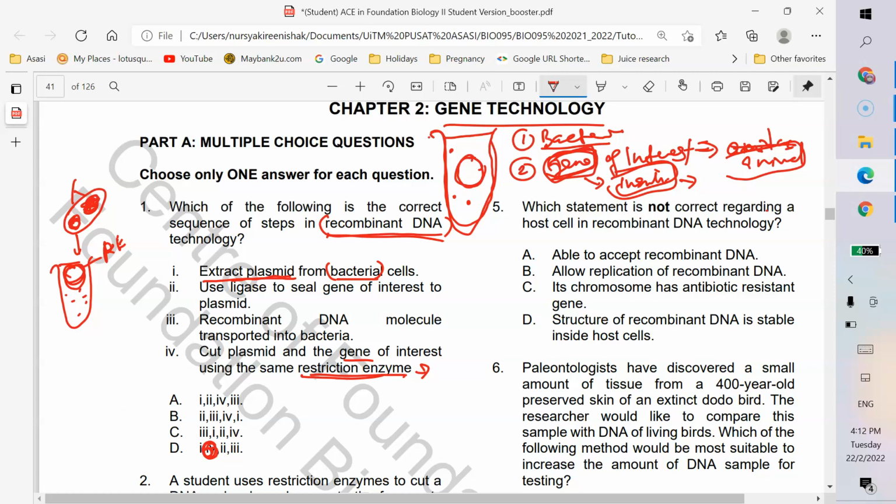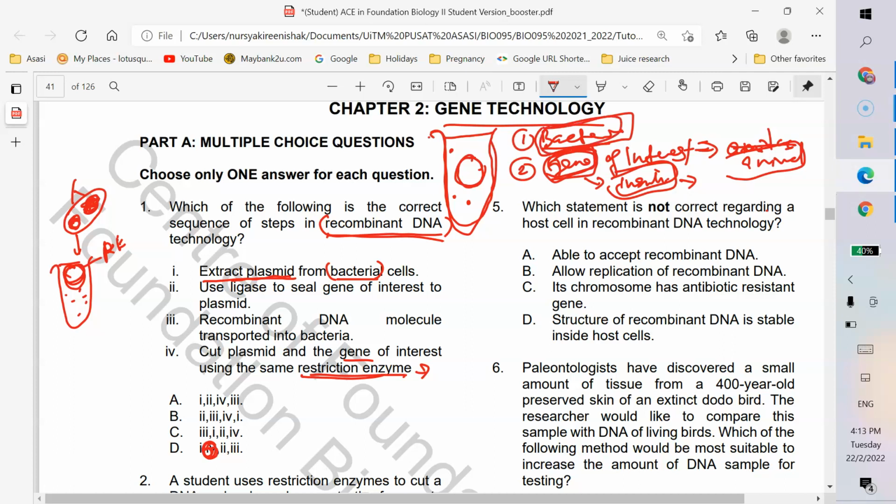So that is recombinant DNA, where you combine DNA from two different organisms. The plasmid, they serve as apa? As medium untuk bawa masuk gene of interest dalam host cell, dia sebagai vector untuk masuk dalam host cell, which is the bacteria cell.